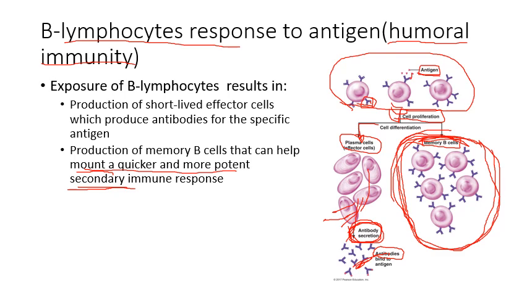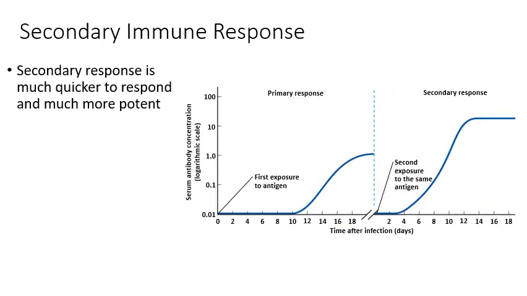Okay, we will see this also with the T cells. T cells have a memory also. So here's looking at that secondary immune response, how rapid and how much more potent. You can see antibody concentrations. We first see the pathogen. You first get coronavirus.